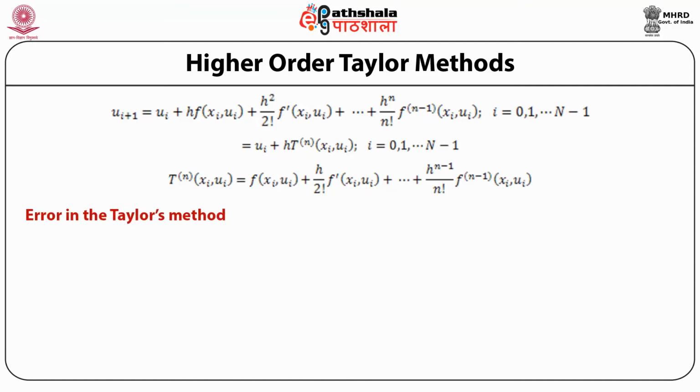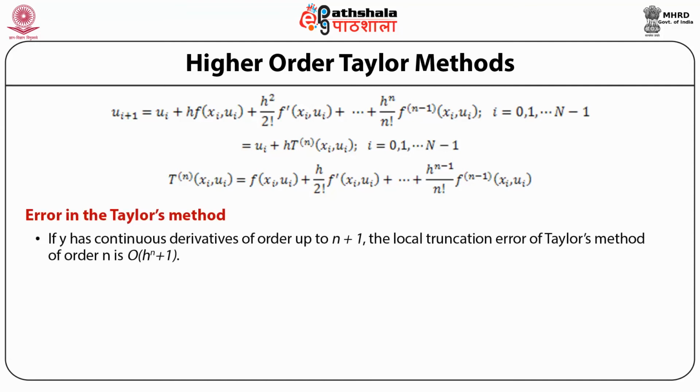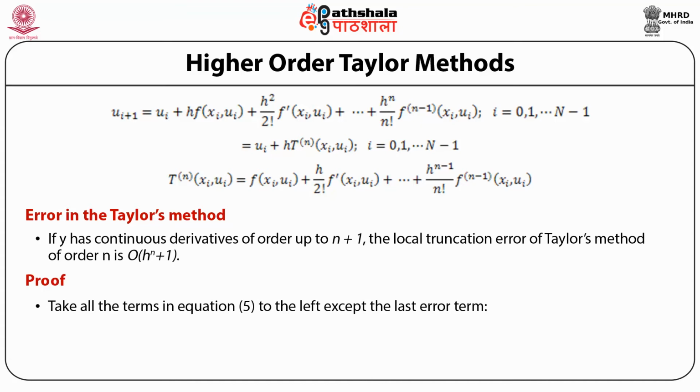So the error in the Taylor's method is: if y has continuous derivatives of order up to n plus 1, the local truncation error of Taylor's method of order n is O(h to the power n plus 1). Now let's prove this. Take all the terms in equation 5 to the left except the last error term.